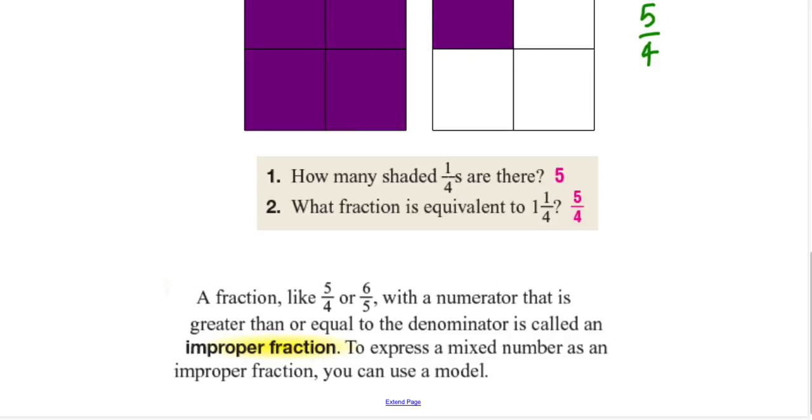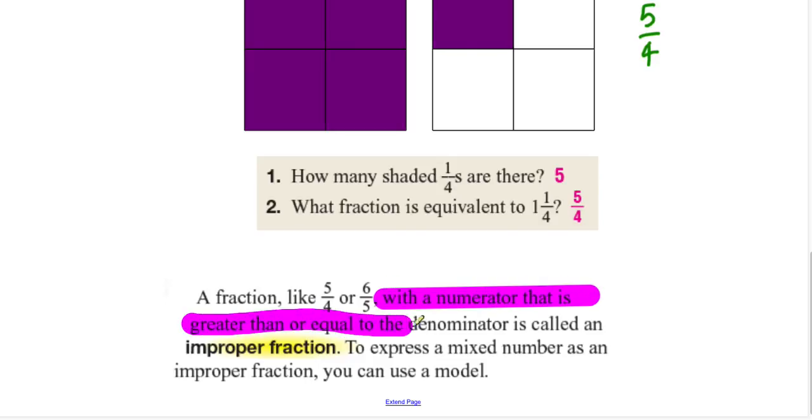Again, another definition. So look at the numerator: 5 is greater than 4. If it's greater than or equal to the denominator, you can say that that is an improper fraction.